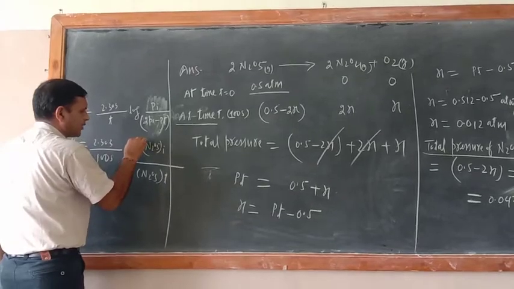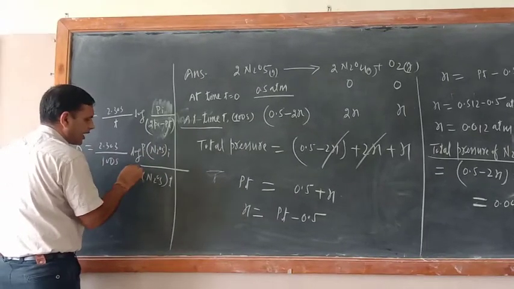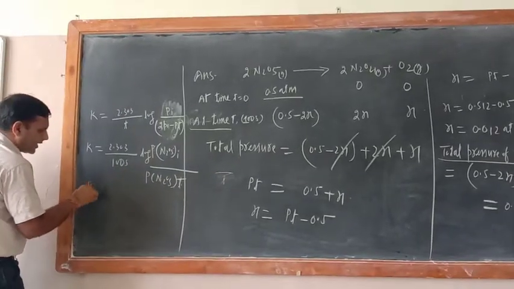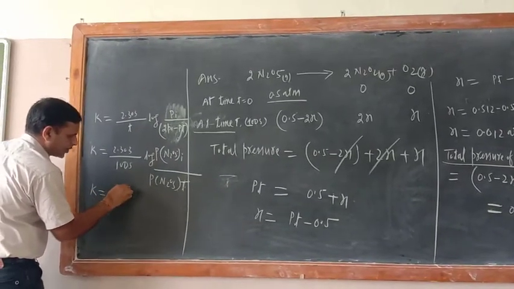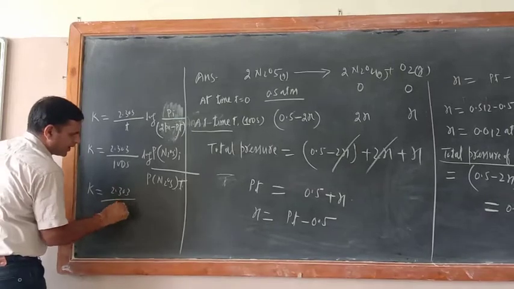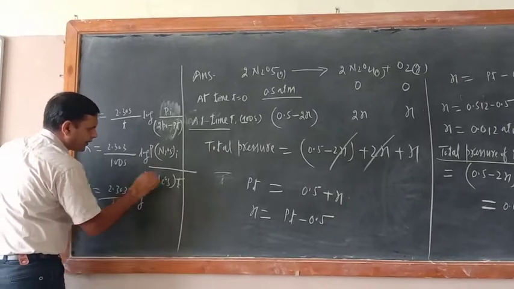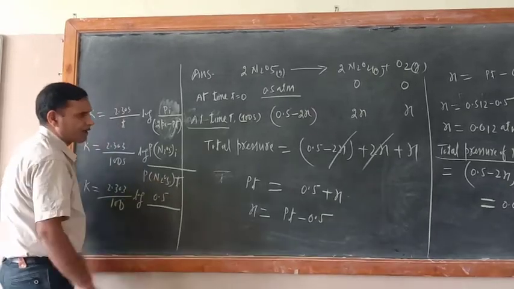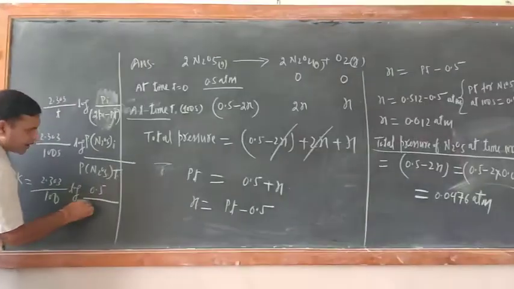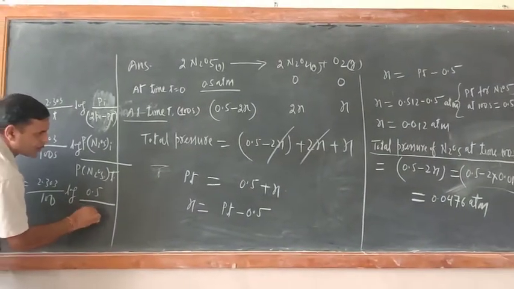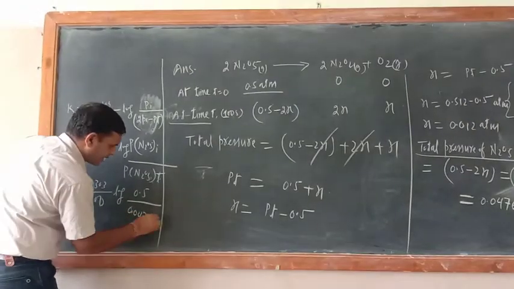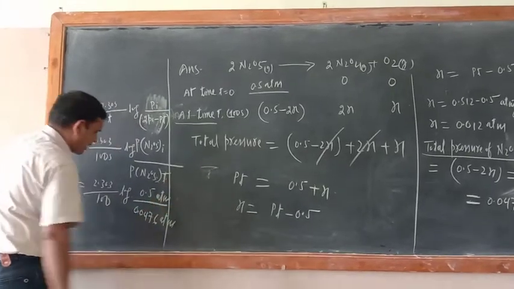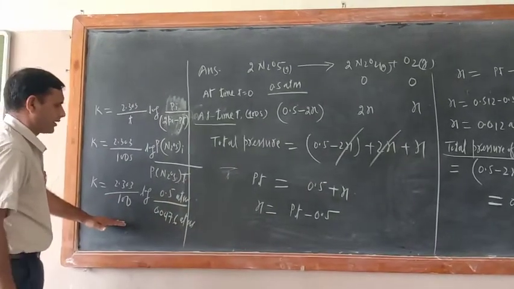So K equal to 2.303 divided by 100 second, log of P initial 0.5 and P total, which we have just calculated, 0.0476 atm. Here also atm. Now you have to solve this one.